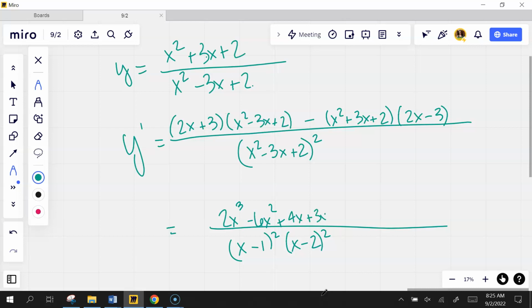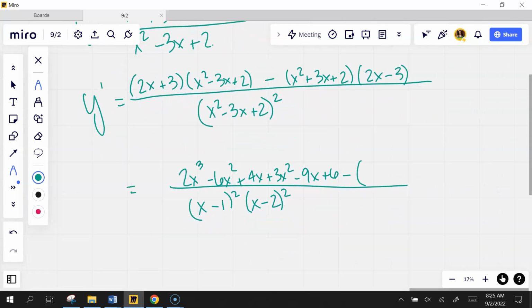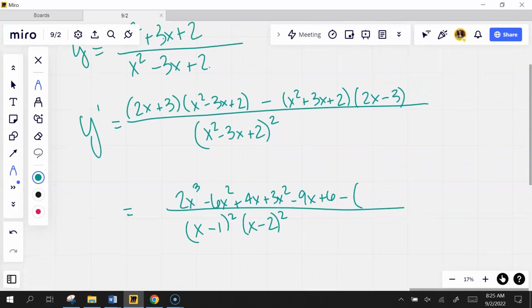So plus 4x plus 3x squared minus 9x plus 6, minus, and I'm going to do this in parentheses so don't forget that this is all subtracted. 2x cubed plus 6x squared minus 9x plus 4x. Oh, I'm losing myself in it. Minus 3x squared minus 9x.